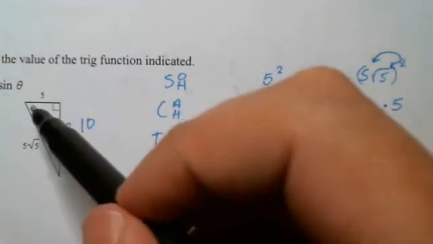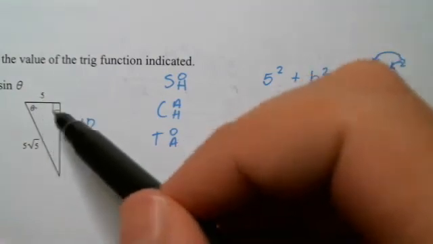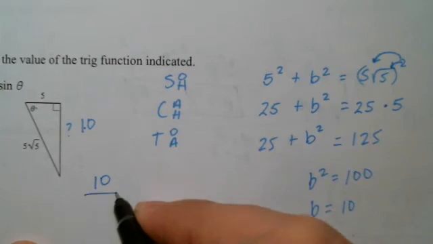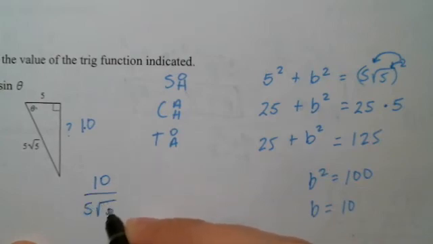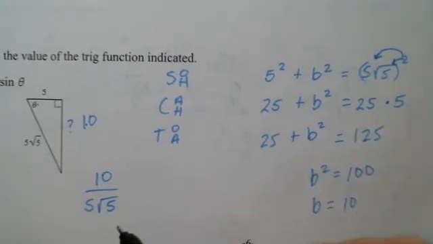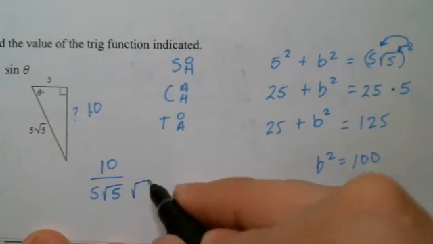So what is opposite over hypotenuse? 10 over 5 radical 5. Will that be the final answer? No. Multiply top and bottom by radical 5.